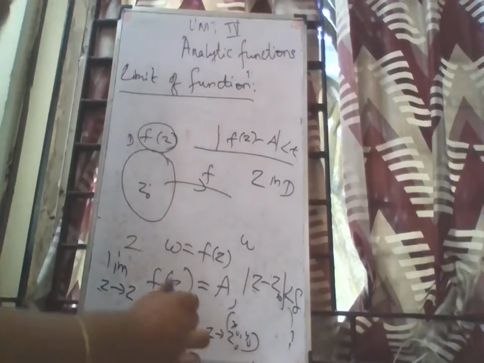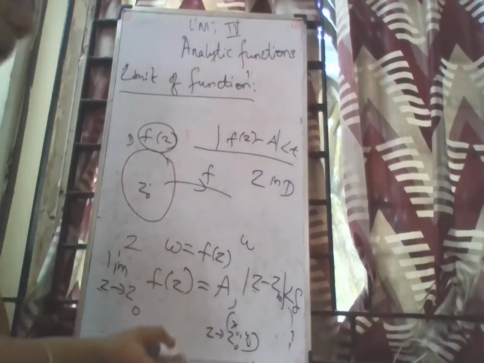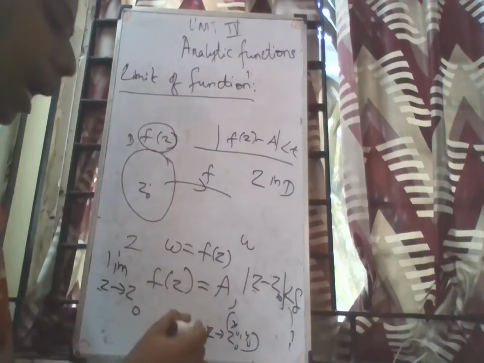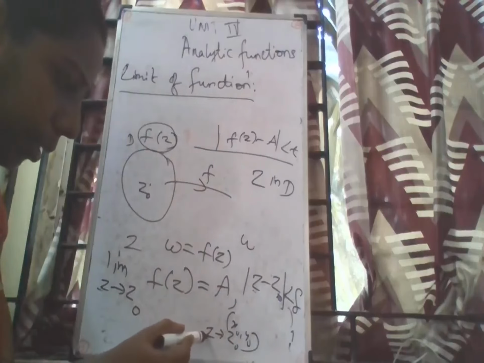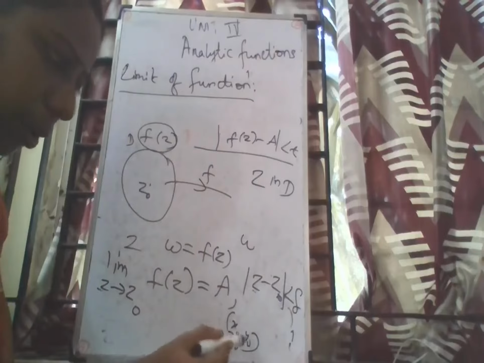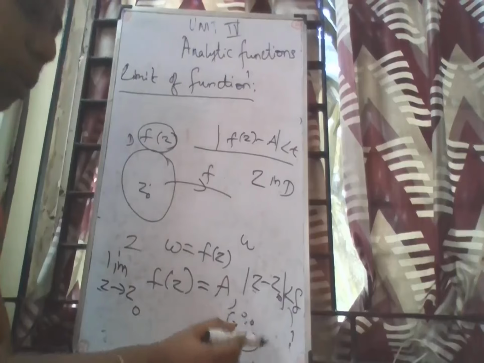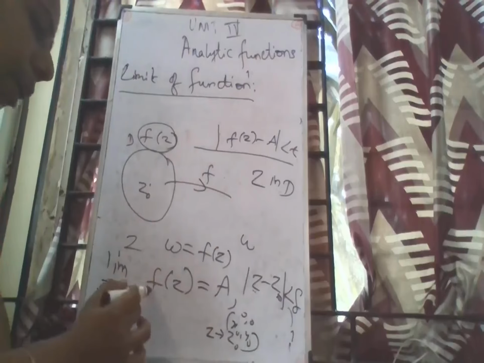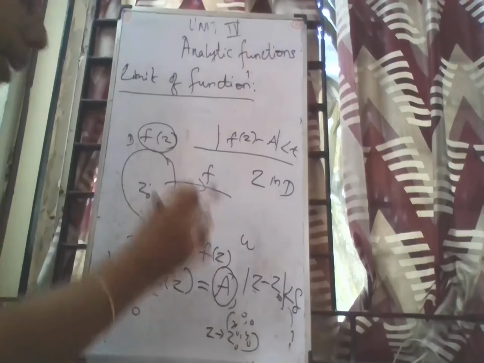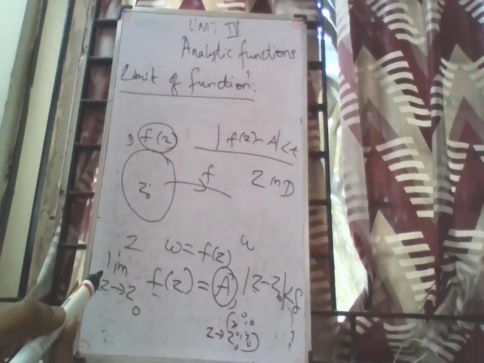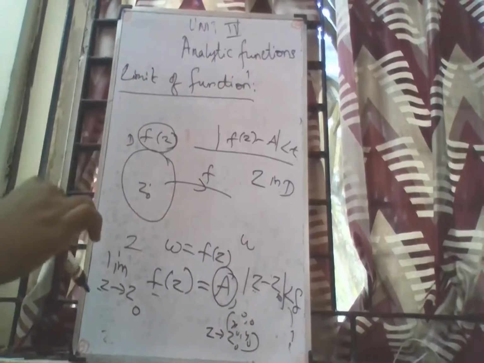So z is all the values of z, like (1, 1), (2, 2), (3, 2). Whenever it is nearer to (0, 0), the origin, we can take the origin also, the corresponding f of z will tend to some value A, some limit. We call this the limit of a function.